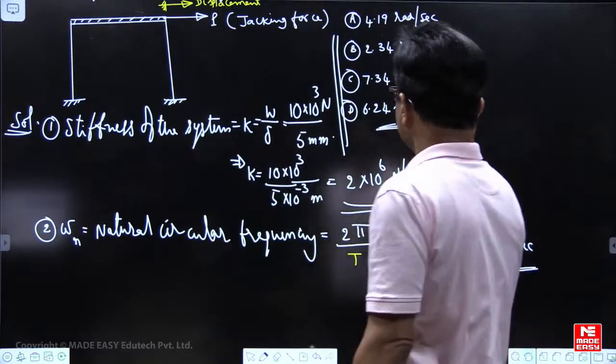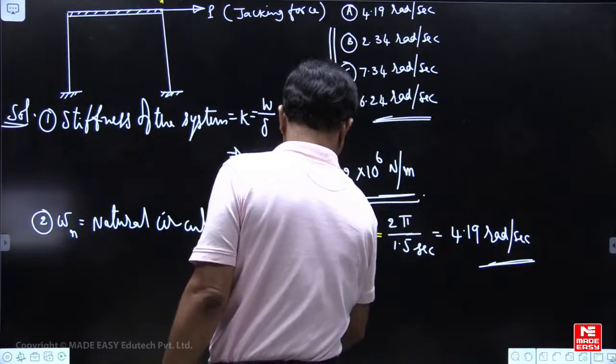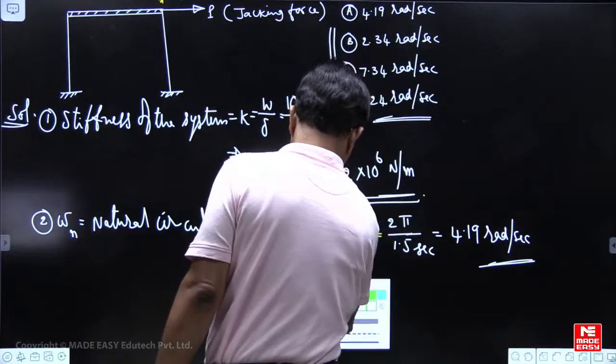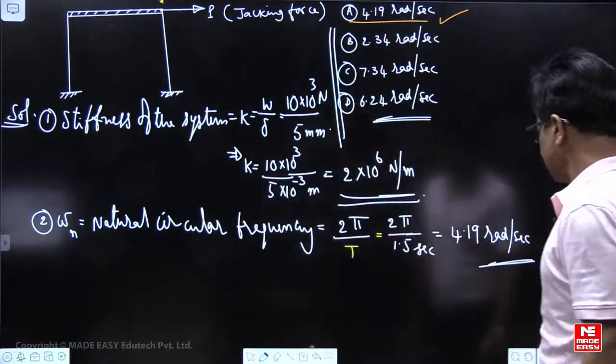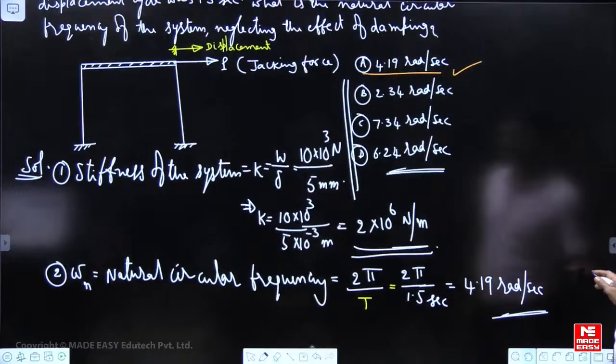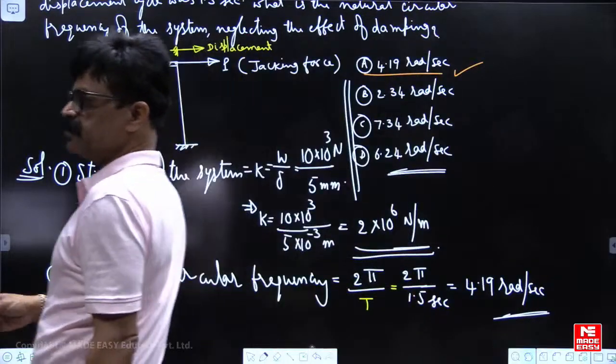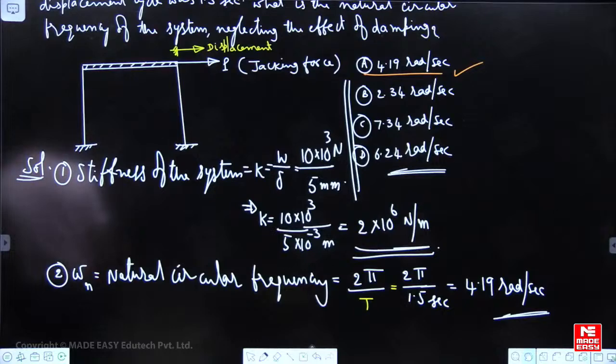So that's all. 4.19 radians per second is the answer. But if you have to find the stiffness, this is the formula you have to take. Yes, correct.